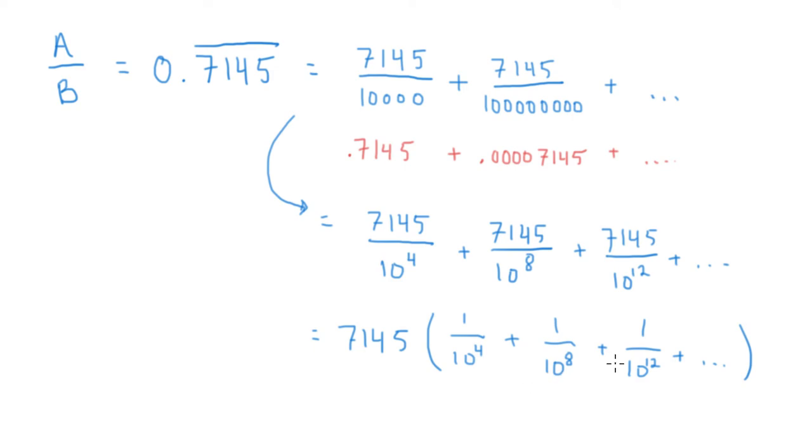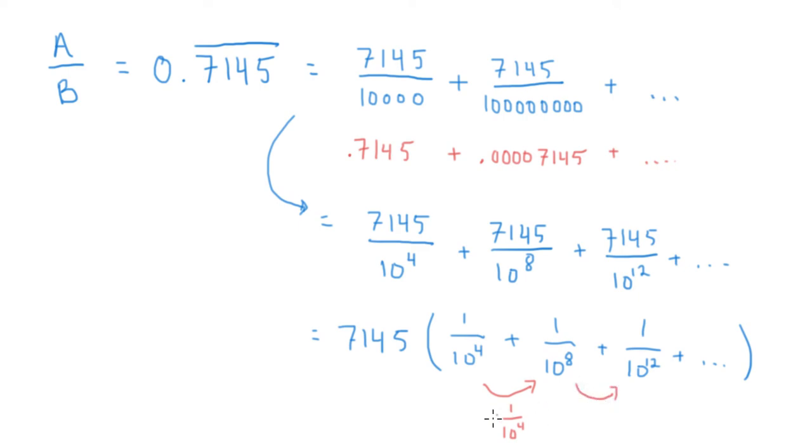And now this is actually the sum of a geometric progression. So what I'm doing is this first term, to get to the next term, 1 over 10 to the 8th, I'm just multiplying by 1 over 10 to the 4th every time. So 1 over 10 to the 4th, if I multiply by 1 over 10 to the 4th, I get 1 over 10 to the 8th.